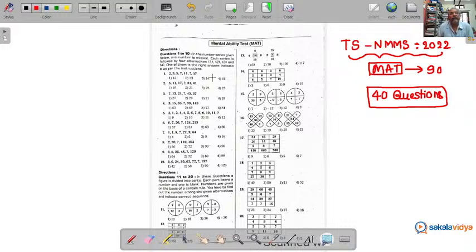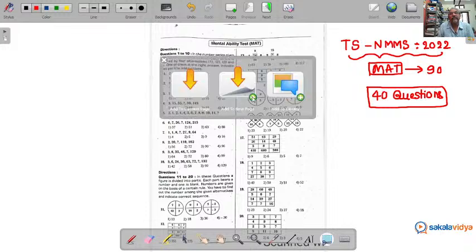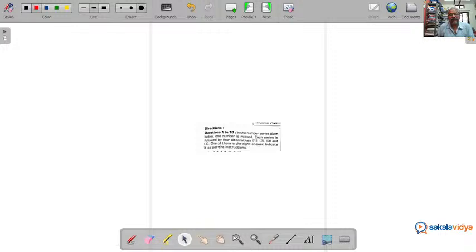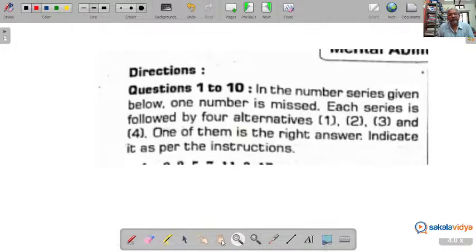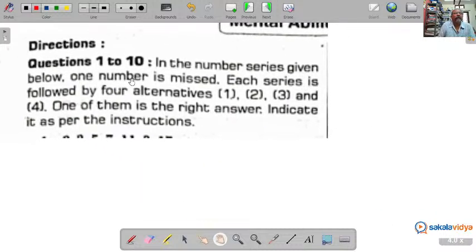For questions 1 to 10 we have directions. First let us read the directions. In this examination, questions 1 to 10 are related to number series.